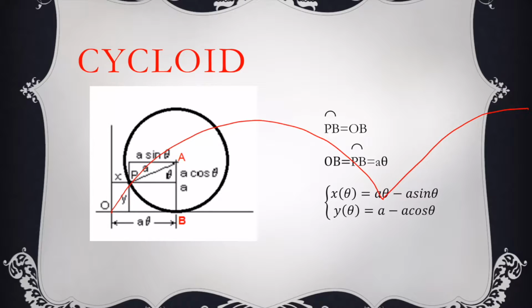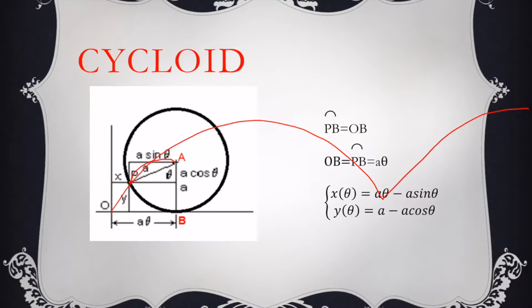So this point here is going to be the point that we are examining. Now we can see that the arc PB equals OB. And OB, which equals the arc PB, equals A times theta, because that's how you find the circumference of a circle.